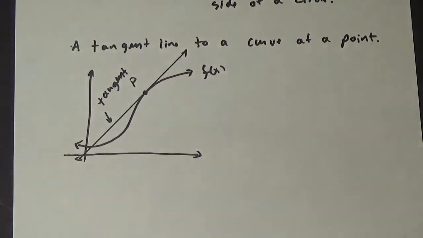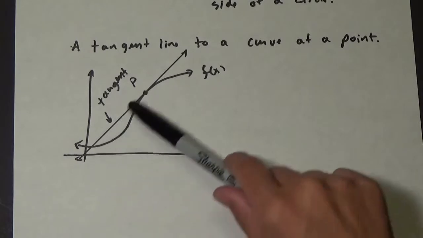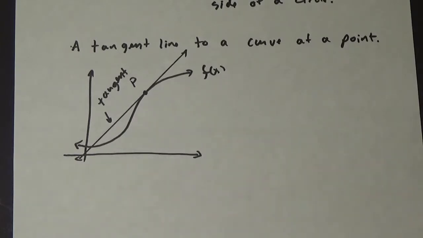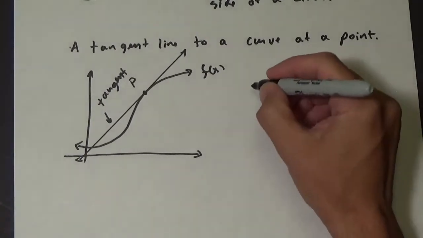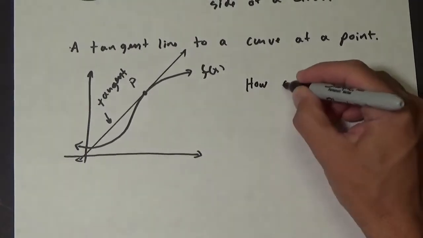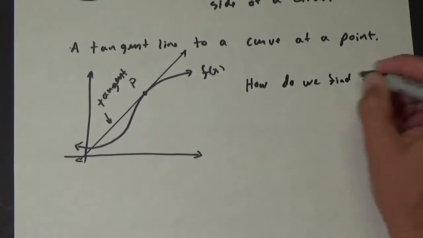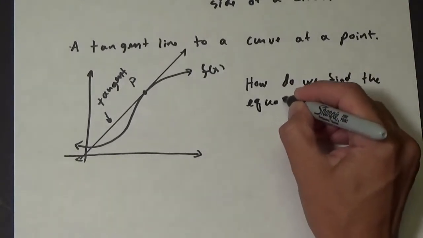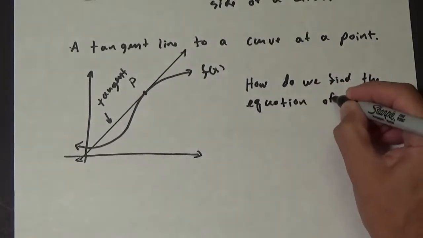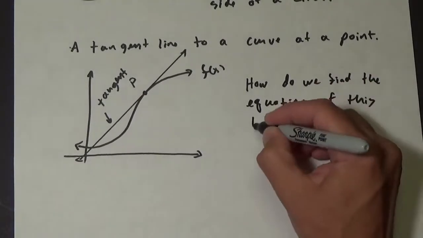Okay, now the issue we want to figure out, this tangent line problem, is we want the equation of the tangent line. So how do we find the equation of this tangent line?